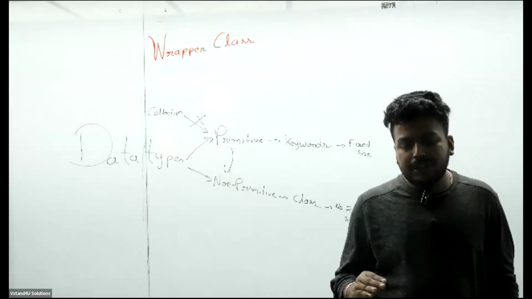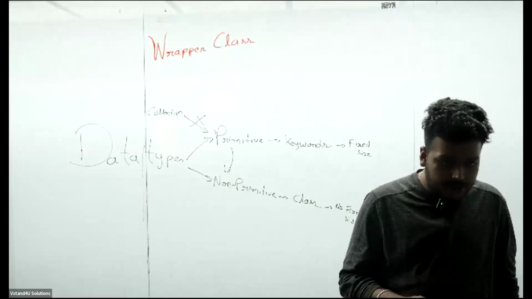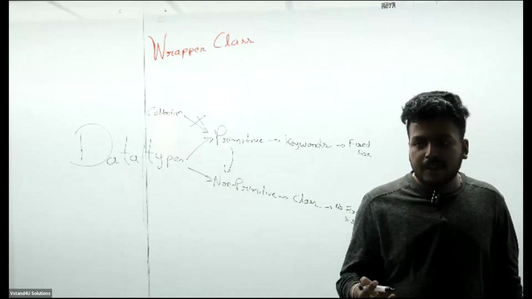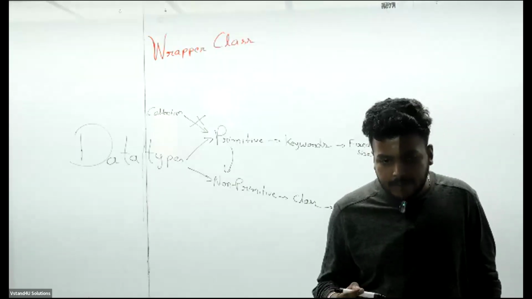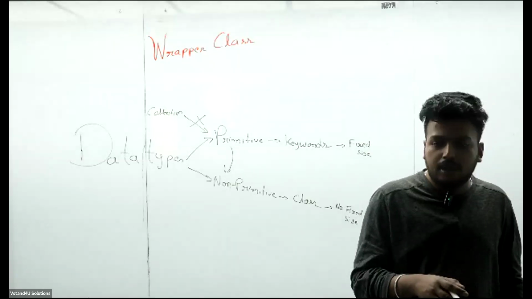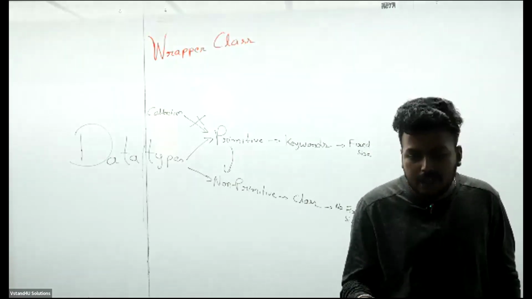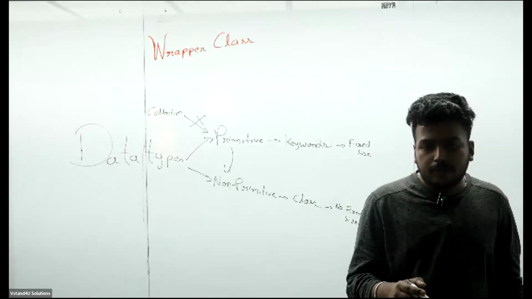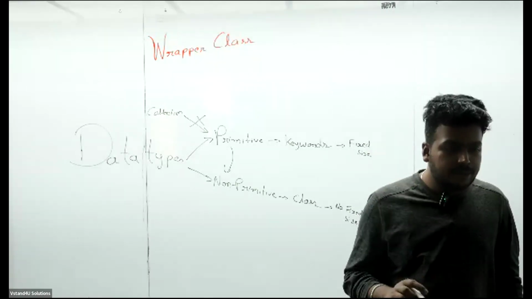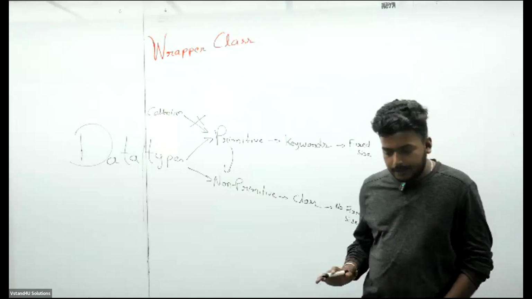But using wrapper classes, we can convert them into non-primitive data. If you add this point also, it will be advantageous for you. If you convert using wrapper classes, you will get the same integer value, but still not 100%. Only Java is not a 100% object oriented programming language.